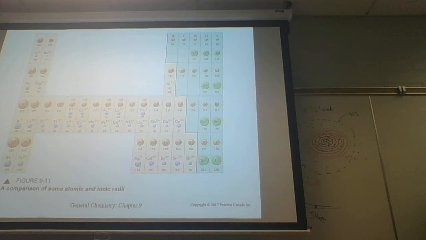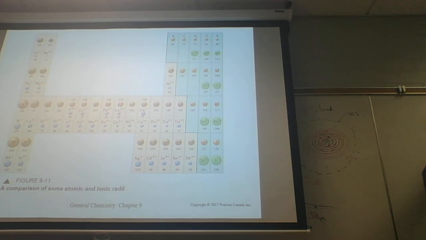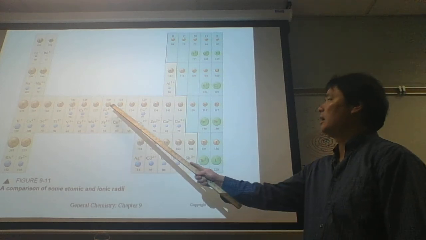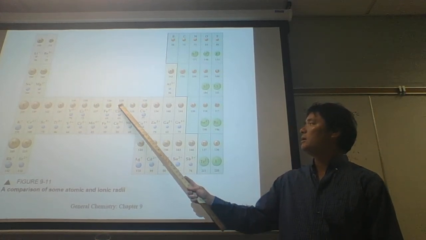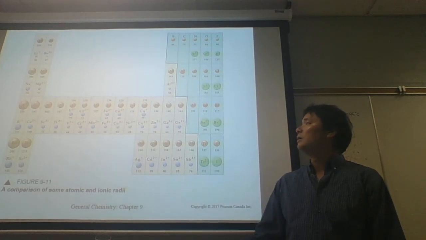It's an inner shell electron because it's a 3d. 3d electrons are inner, 4s are outer. Does that make sense? And so inner shell electrons are effective shielders. I add one proton, but that additional proton's canceled out because I also added an inner shell electron. And therefore, when I look at iron, iron's 126 picometers, cobalt's 125 picometers. Essentially, no change.